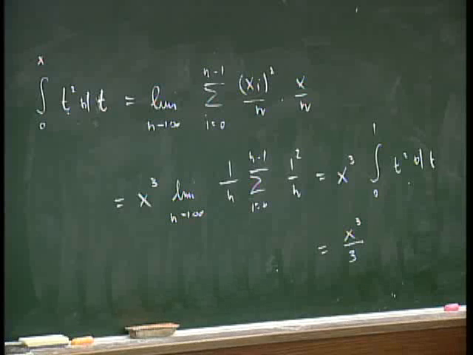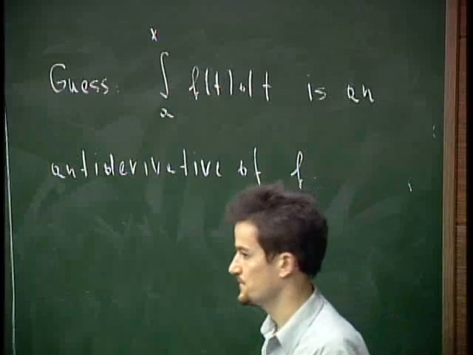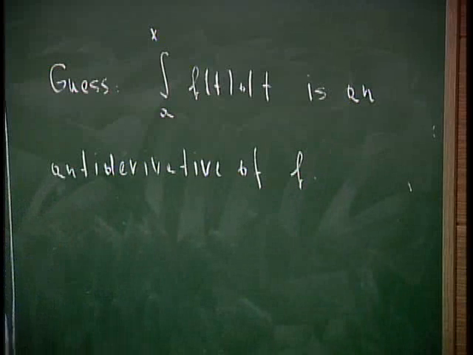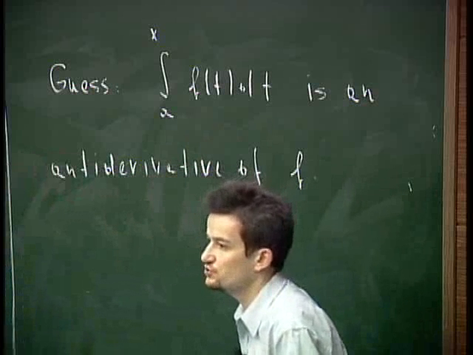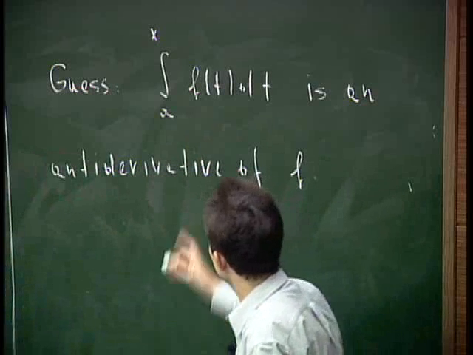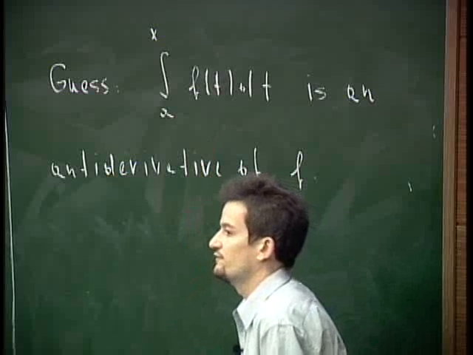Okay, so we guess from here that the integral from a to x of some function f of t dt is an antiderivative of f. Okay, maybe I should emphasize once more, this is not so completely clear from the area interpretation, but this is something which is trivial from the physical interpretation.